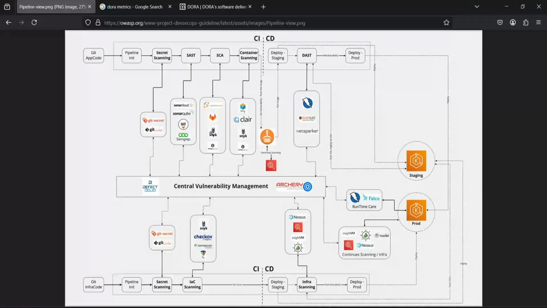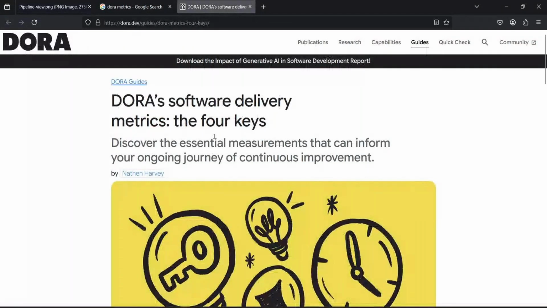For the next question, there is no such standardization, but you can apply DORA metrics to your implementation of the DevSecOps pipeline, to check whether you are following the right set of implementation or not. The compliance will change based on the organization. DORA is a common one, just to validate whether your pipeline is workable or not.